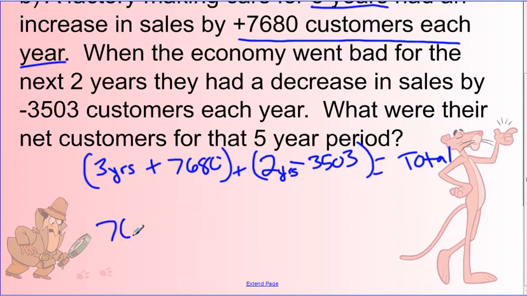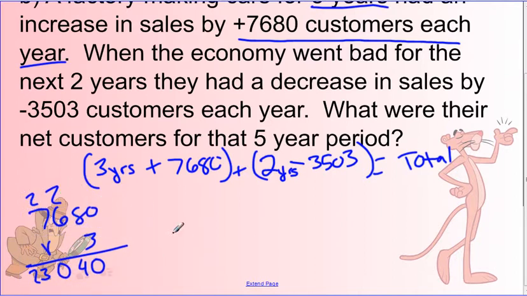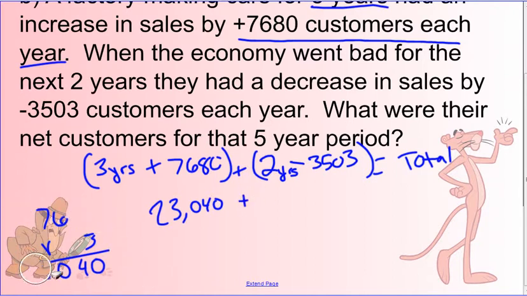So 7680 times 3: 0, 24, 18, 19, 20, 21, 23. So here we had 23,040 people those first 3 years. That's pretty good. Okay, let's check out the next 2 years.